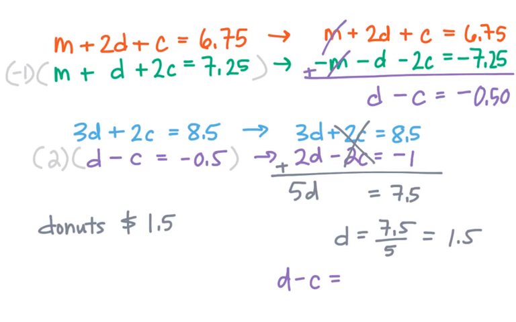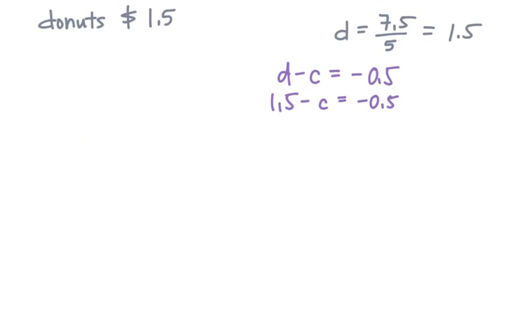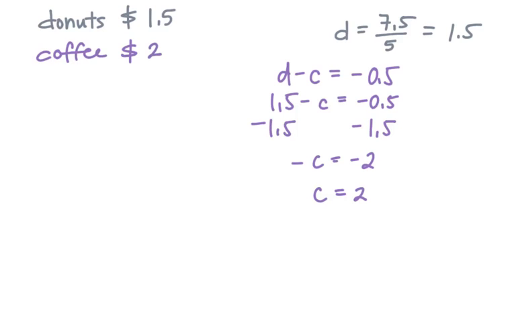That means 1.5 minus C is -0.5. And then, looking at this, I'll subtract 1.5. I'll take that away from both sides. So I have -C equals -2, or rather C equals 2. So that means one cup of coffee costs $2.